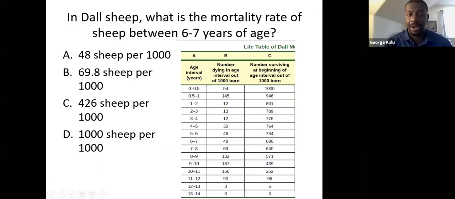What would the mortality rate be? Anyone have an idea for this one?